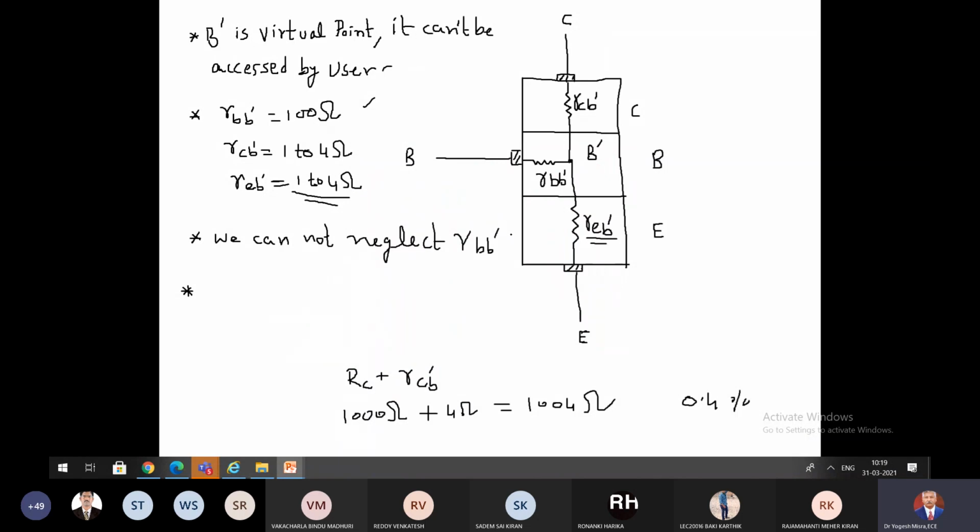So we cannot neglect RB dash, whereas we can neglect RCB dash and REB dash, right?